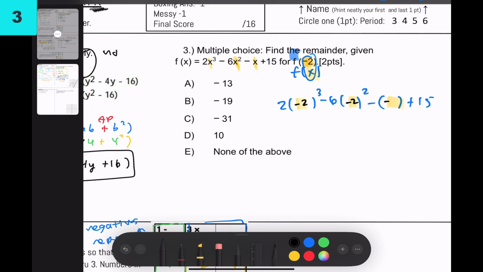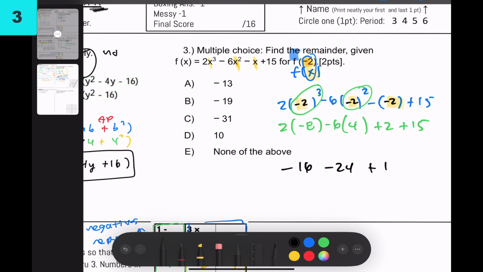Negative 2. PEMDAS says do this first, so 2 times negative 2, negative 4, negative 8. This is going to become positive 4. Opposite is going to become 2. Negative 16, negative 24 plus 17. That one's going to become positive 1.